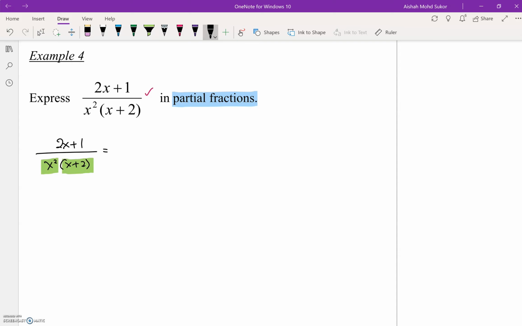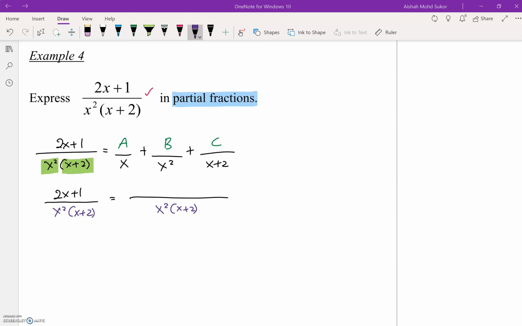Therefore, the partial fractions will be x, x squared, and x plus 2. If the denominator has a linear factor or a repeated linear factor, then the numerator will be a constant. So this will be a constant a, constant b, and constant c.